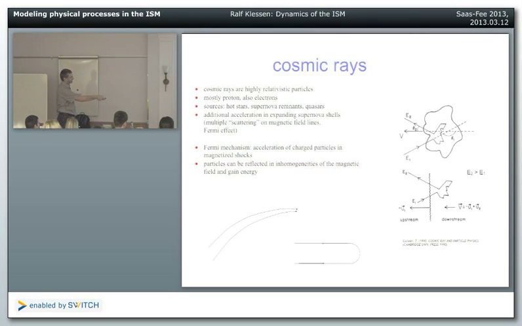But if the expanding supernova shell goes in this direction, and the cosmic ray enters with an energy E1, it exits again with an energy E2 that has the original energy, but also gains some energy because it has been accelerated by the expanding supernova shell. And if it goes back and forth many, many times, you can step by step gradually gain lots of energy. So this is the Fermi process, Fermi 1 and 2 in a nutshell, that can accelerate charged particles in the interstellar medium and beef them up to very, very high energies.